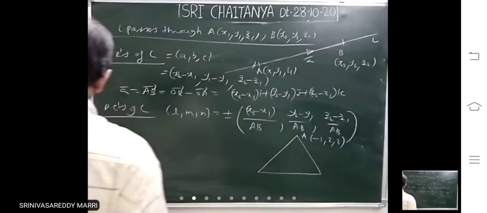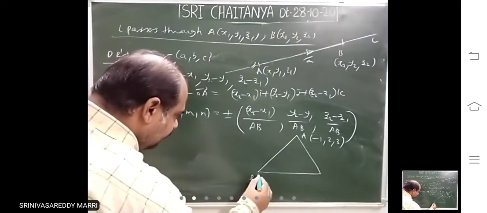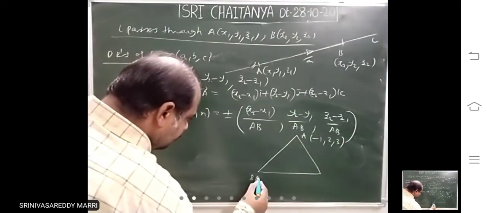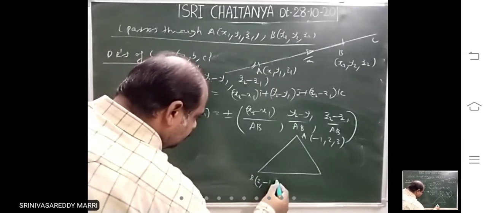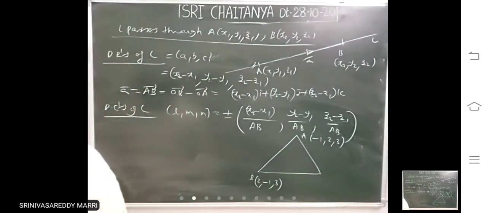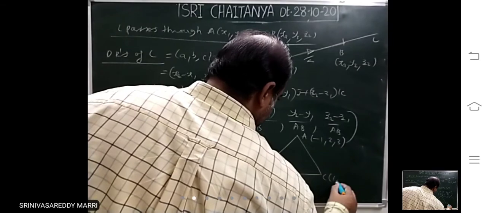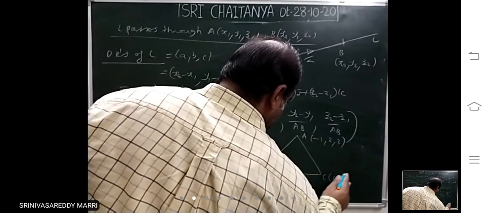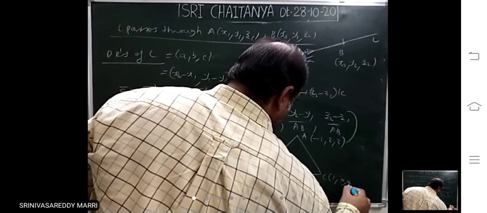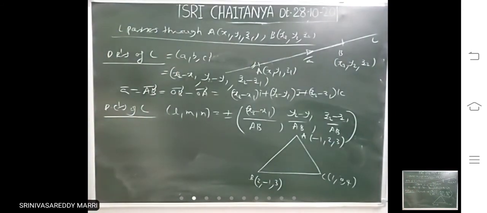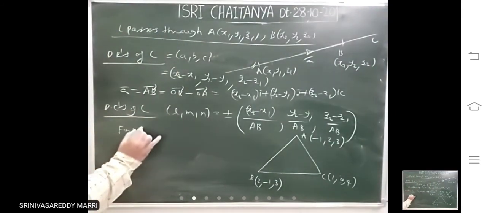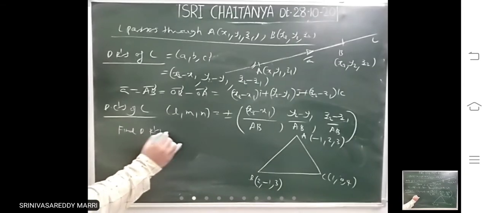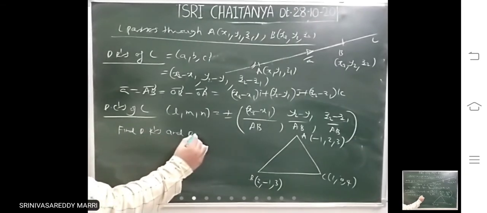A is (minus 1, 2, 3), B is (2, minus 1, 3), C is (0, 0, 4). Find the DRs and DCs of number 1, AB.